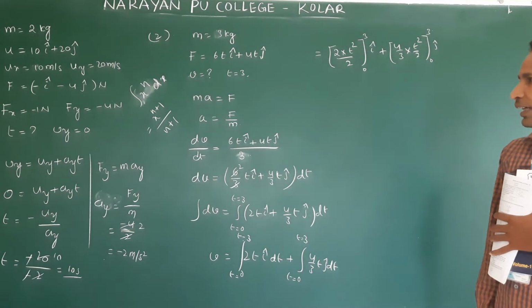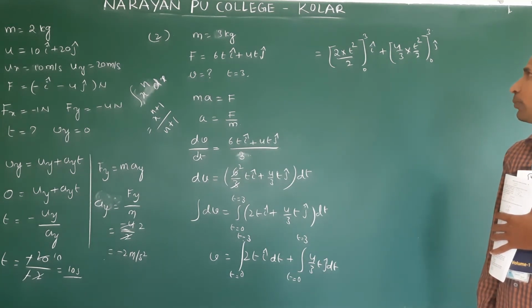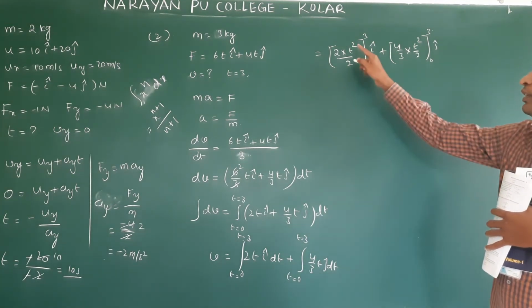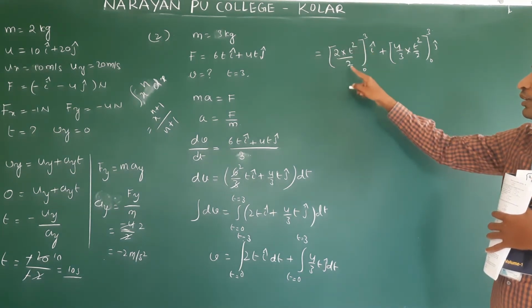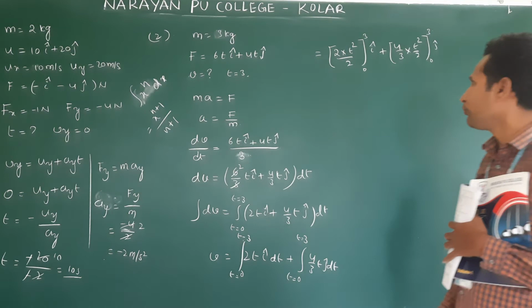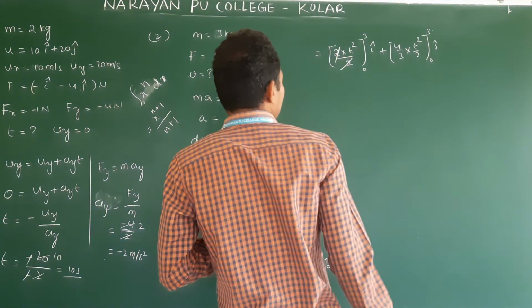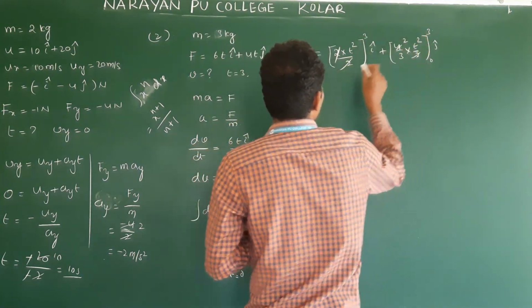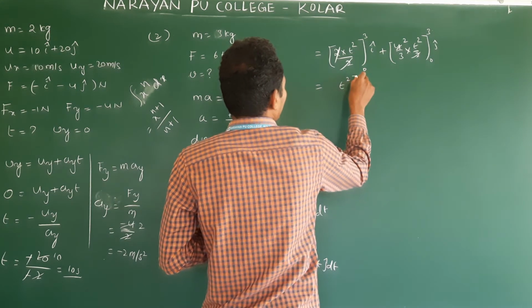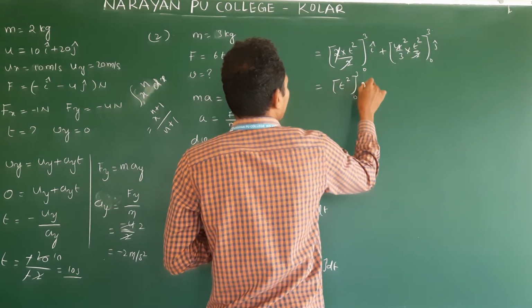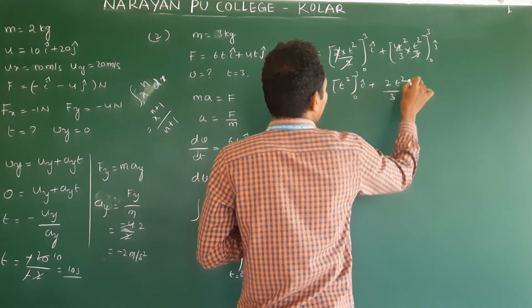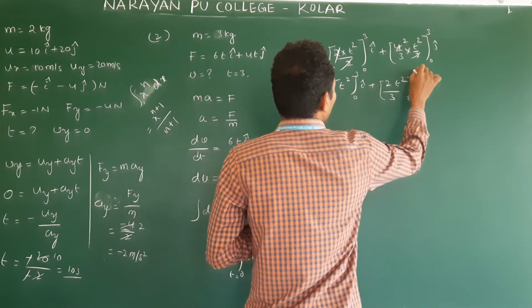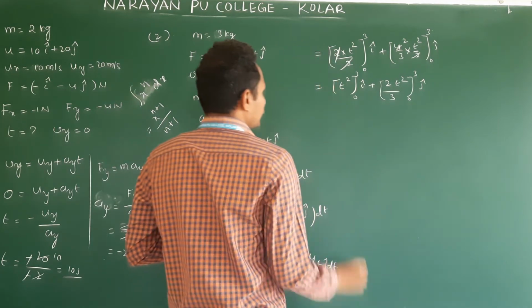So t power 1 plus 1 by 1 plus 1, t square by 1 plus 1. Now these two cancel. Here these 2 times cancel. So t square, 0 to 3, i cap plus 2t square by 3, 0 to 3, j cap.